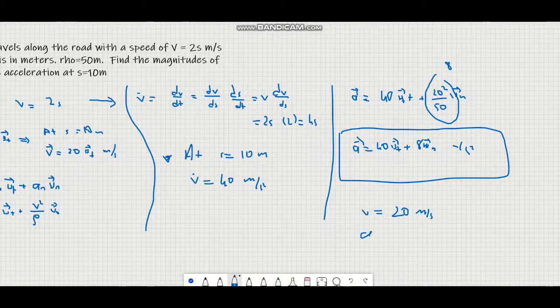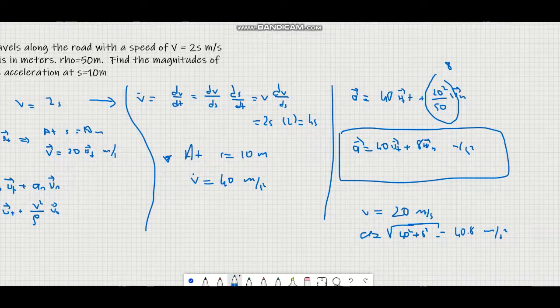But in acceleration, we have two directions, so we need to make the vector addition. So 40 square plus 8 square, take the square root, and it's going to give us 40.8 meter per second square. All right, that's it.